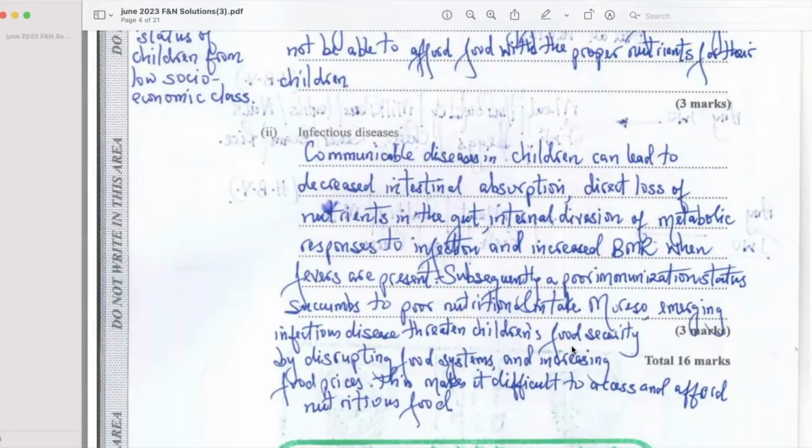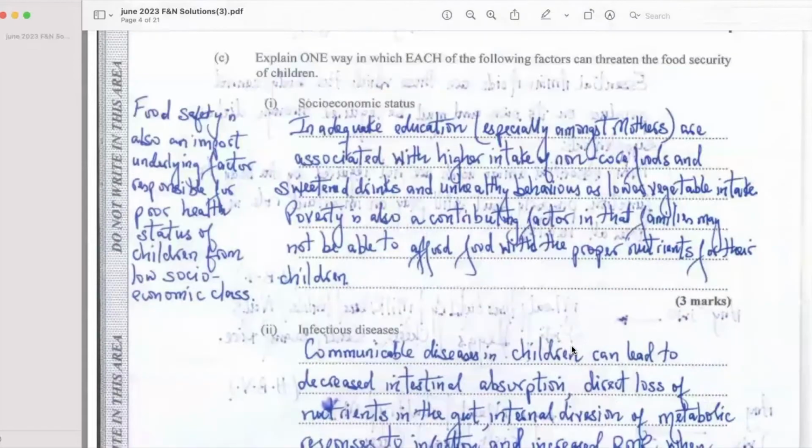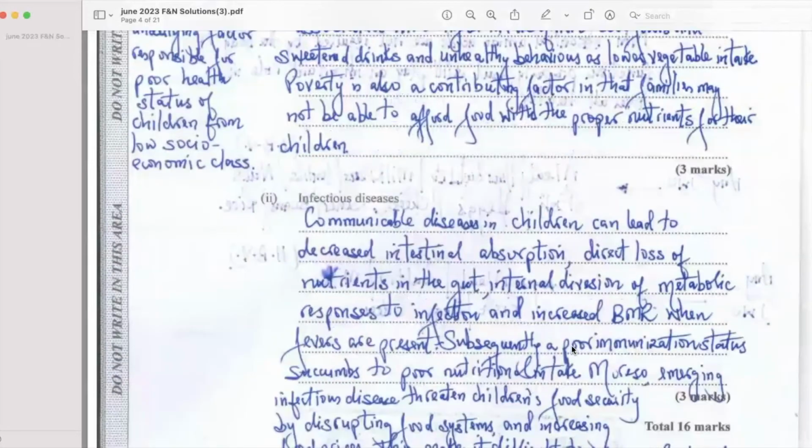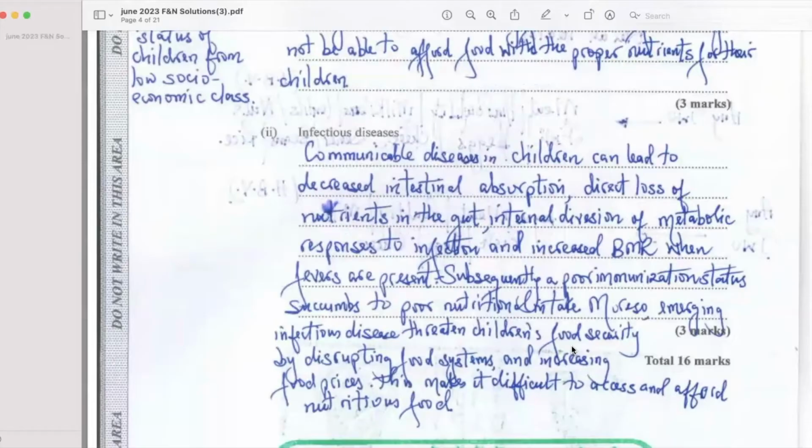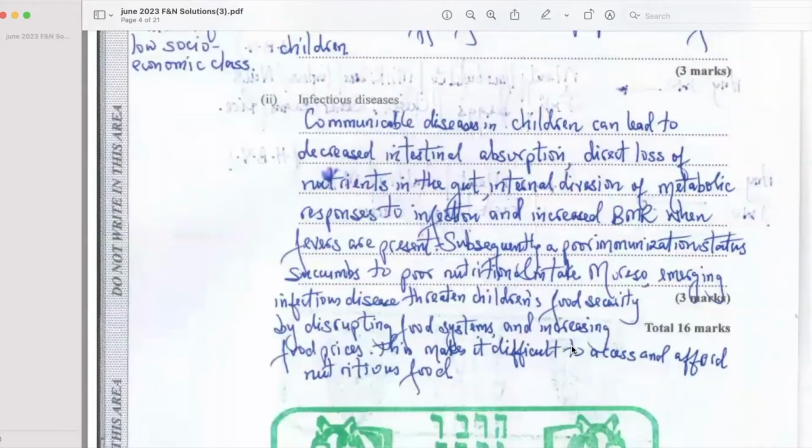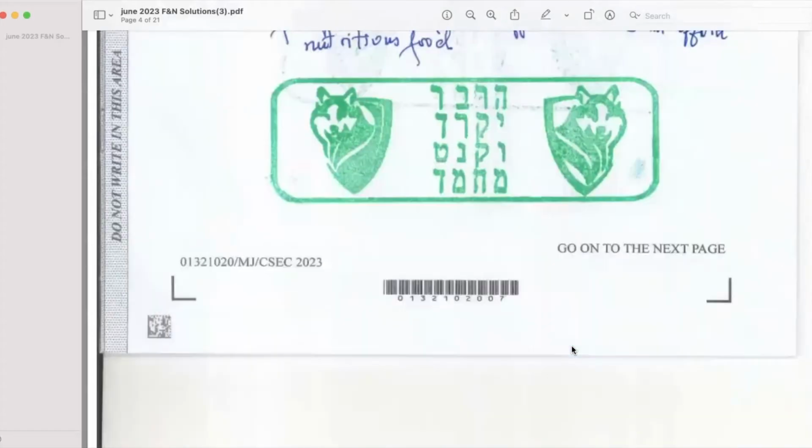They're also saying that poor immunization status can be a factor here. And this is worth 3 marks. So 3 marks for infectious disease and 3 marks for socioeconomic status. You can take a screenshot if you want of the possible responses. All right, let's go to the next question.